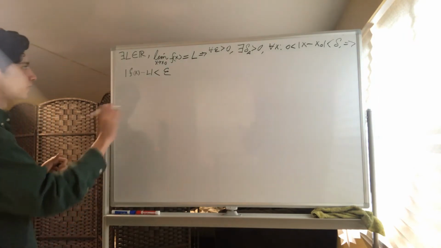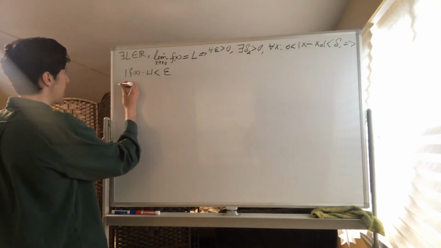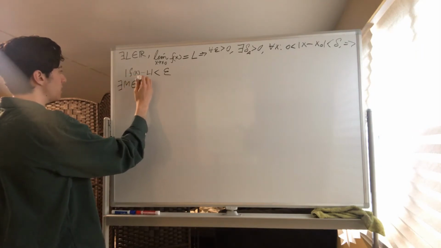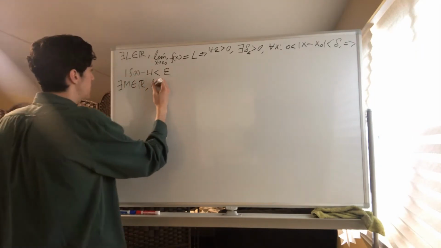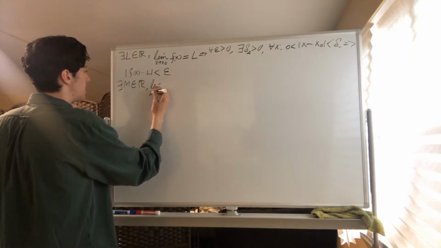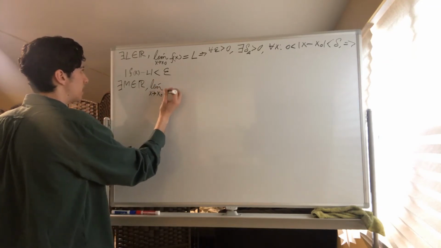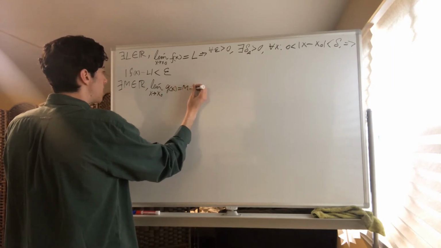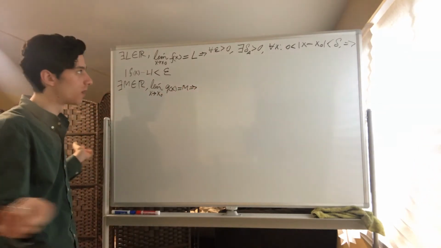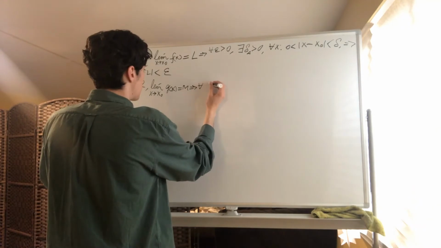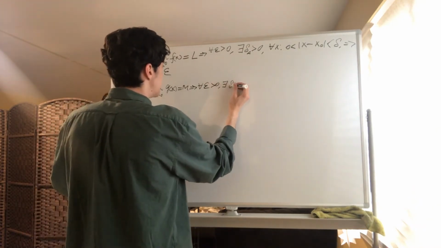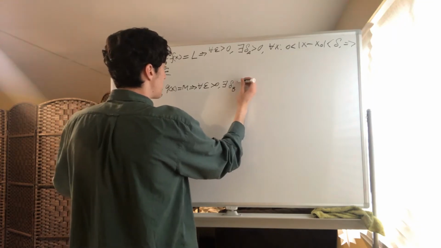Now, we also know that there exists an m, that's a real number, such that the limit as x approaches x naught of g of x is equal to m. And this means the following. For all epsilon greater than 0, there exists a delta, which we will call delta b.